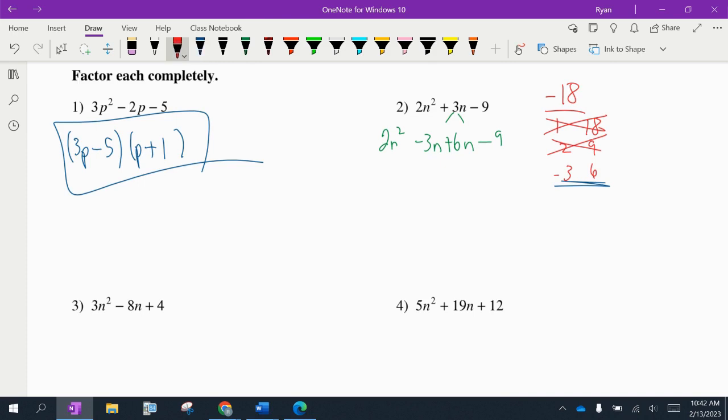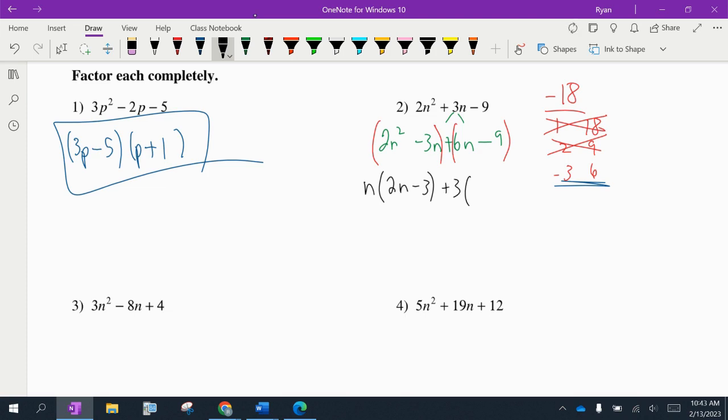So I've set it up to do the grouping now. Grouping is a method that we've looked at earlier. I'll group the first two, group the last two, then look for a GCF. What do these have in common? Just an n. 2n minus 3. Then look at the last two terms. What do these two terms have in common?